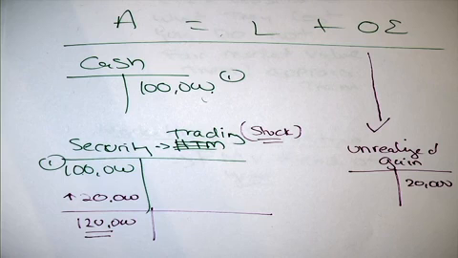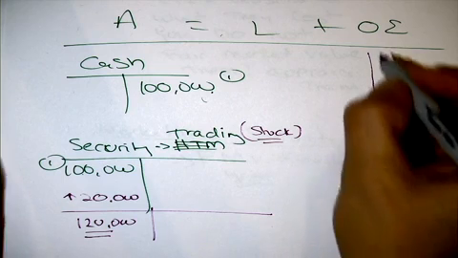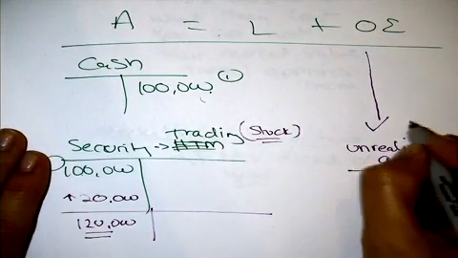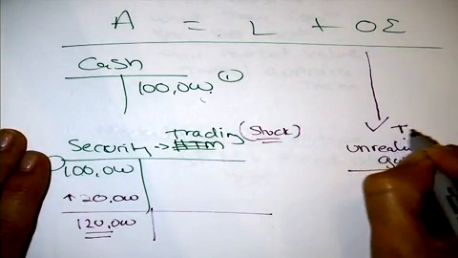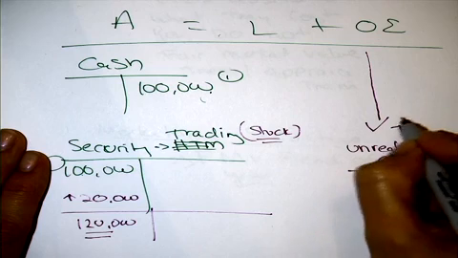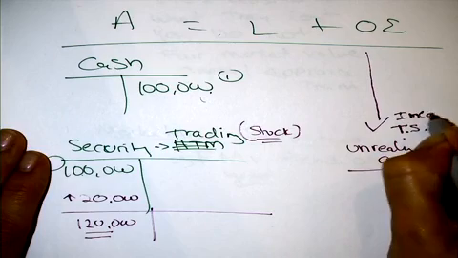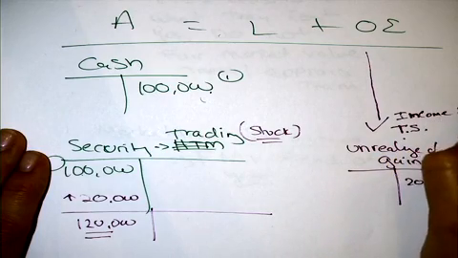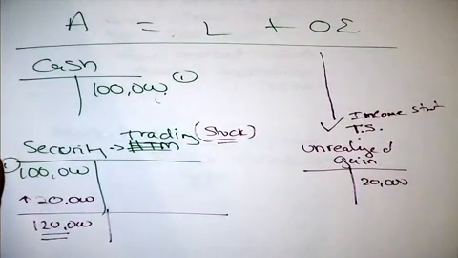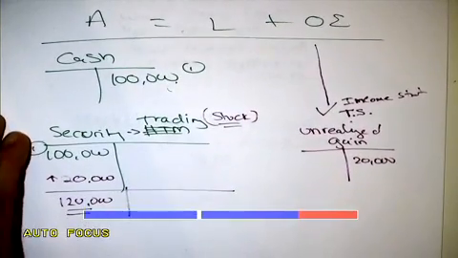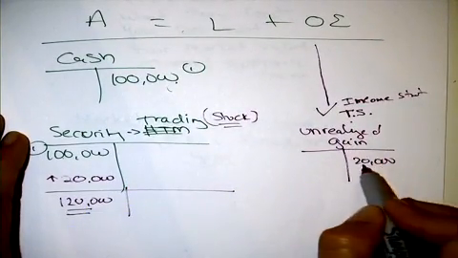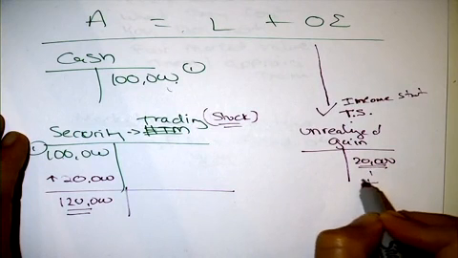The other thing with a trading security, it's under owner's equity, and for a trading security, I'm just going to label this TS, trading security, it's on the income statement. It's actually on the income statement. So this unrealized gain, this $20,000, will show up on the income statement.